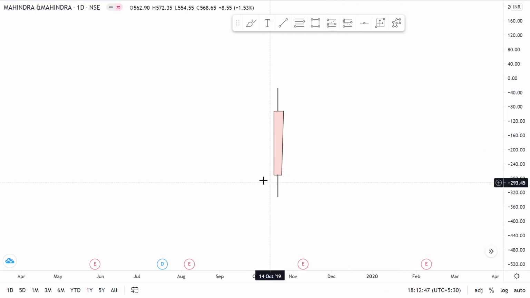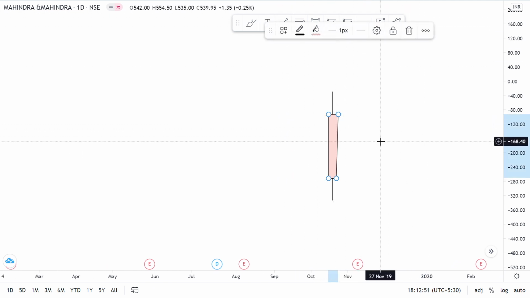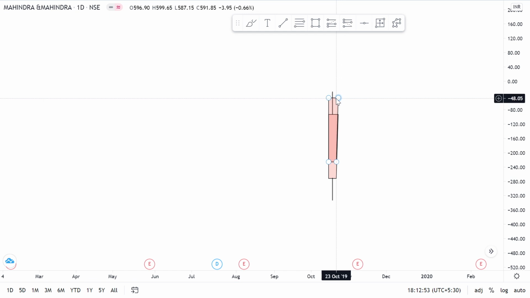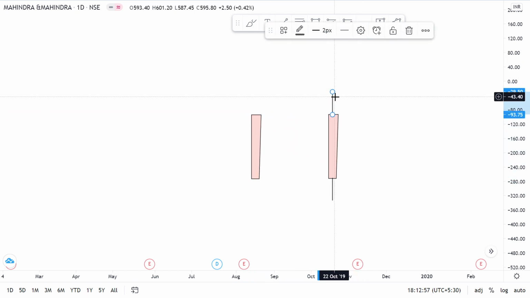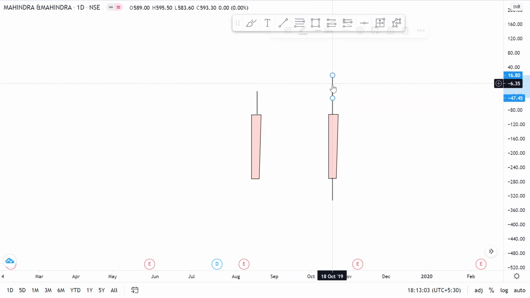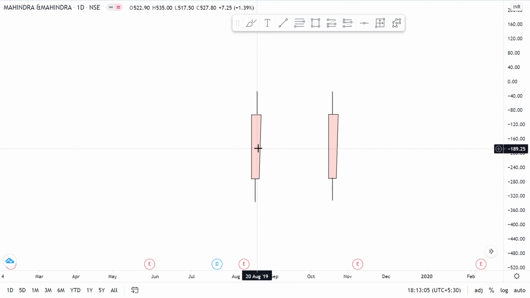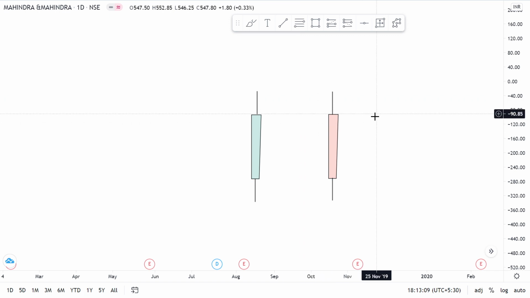So this is a red candlestick, and you can also have green candlesticks similarly, right? So you can have red and green candlesticks. So what do these mean?